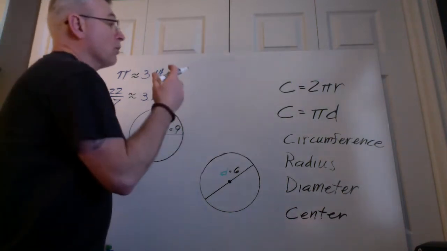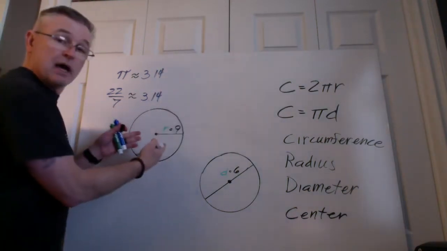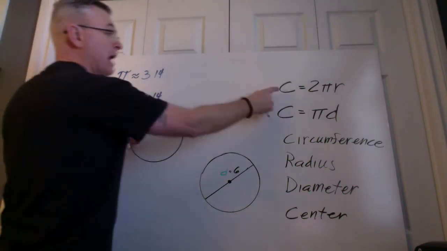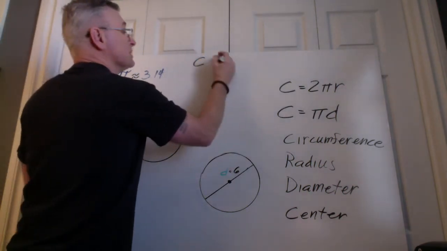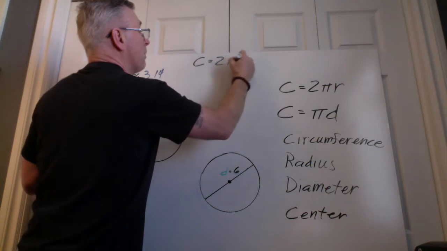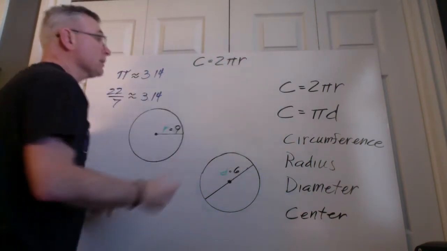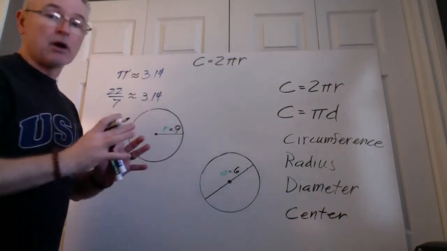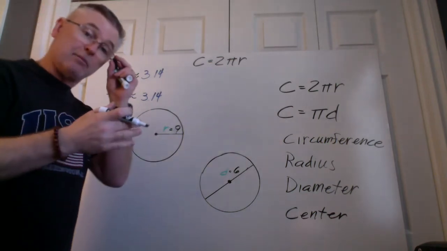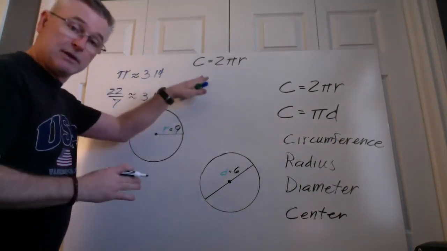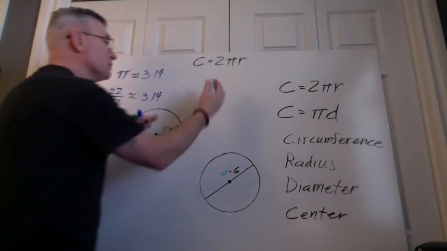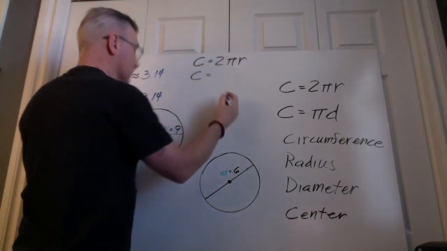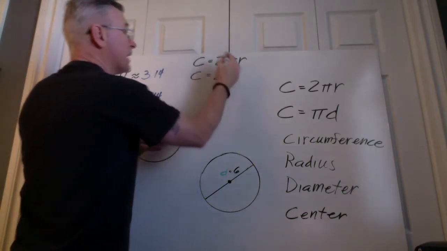Now, I have my radius of 9, so I'm going to start with that formula right there. My C equals 2 pi times r. Now, I always start my problems by writing my formula first, and then I'm going to substitute into the formula, so C equals 2, and then I know what pi is.